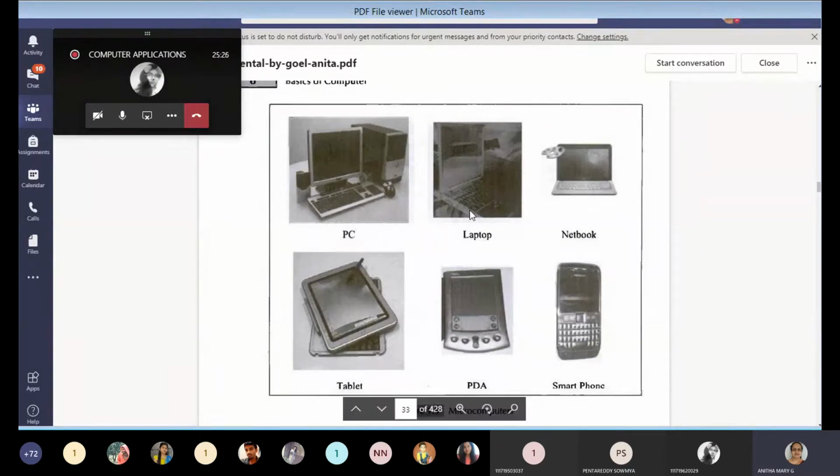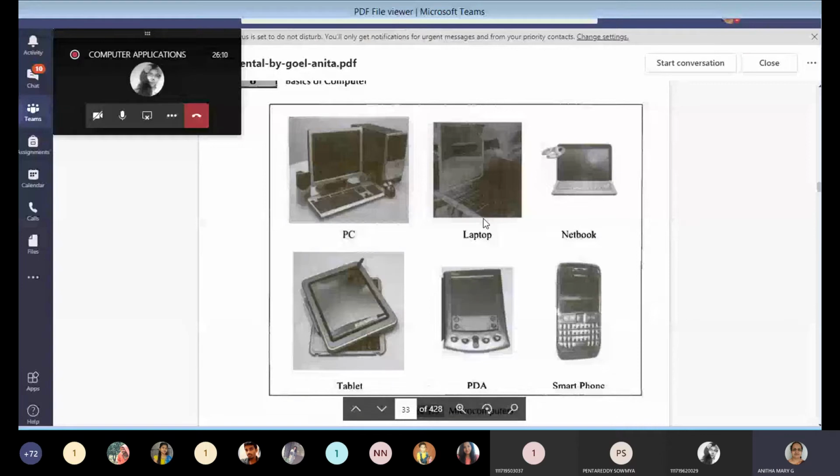But when we move on to the laptop, we also call the laptop a notebook computer. Just like how we carry our books in our day-to-day bags, similarly the laptop can also be carried. That's why it's also called a notebook. A laptop is a reassembled notebook, portable, and has all the features of a desktop. Whatever features we have in a PC, we have in a laptop, but it is small in size and easy to carry.